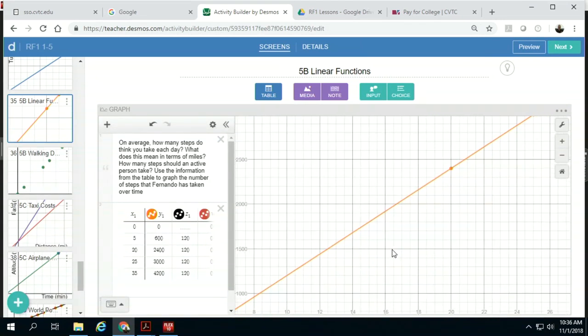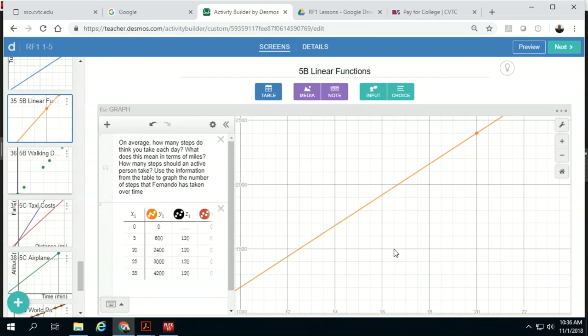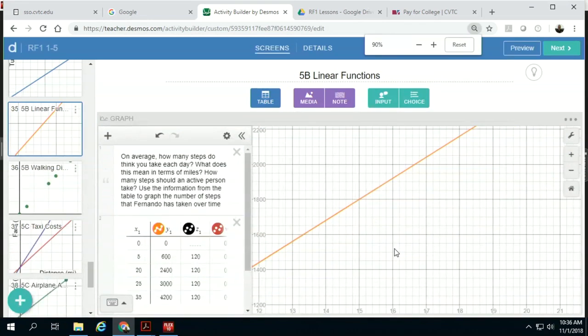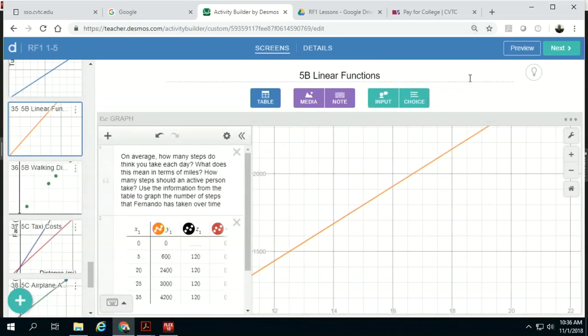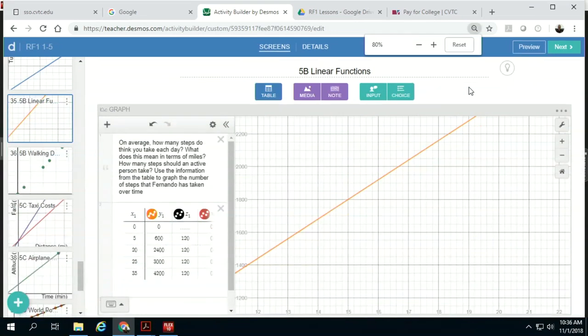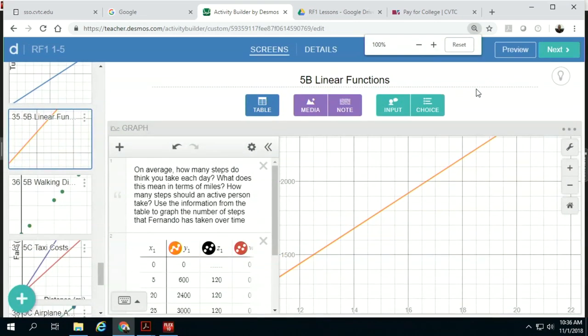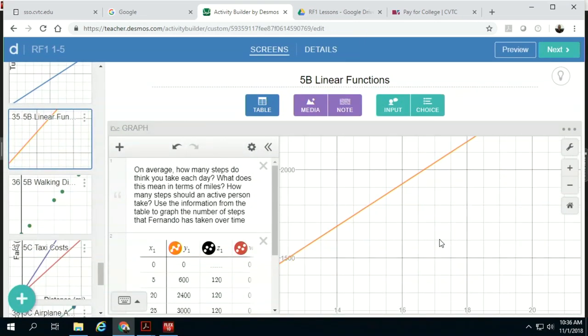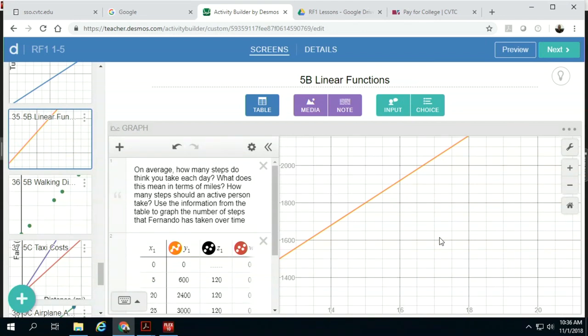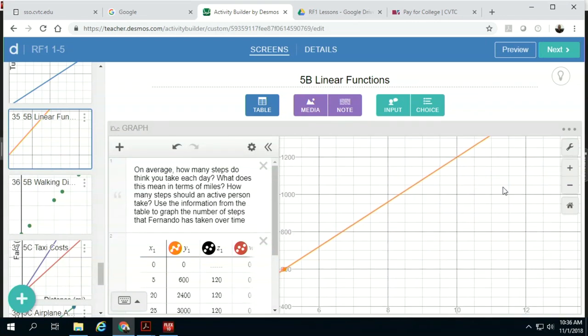Let's see here. Okay, so here is, no, I have to get even closer, don't I?